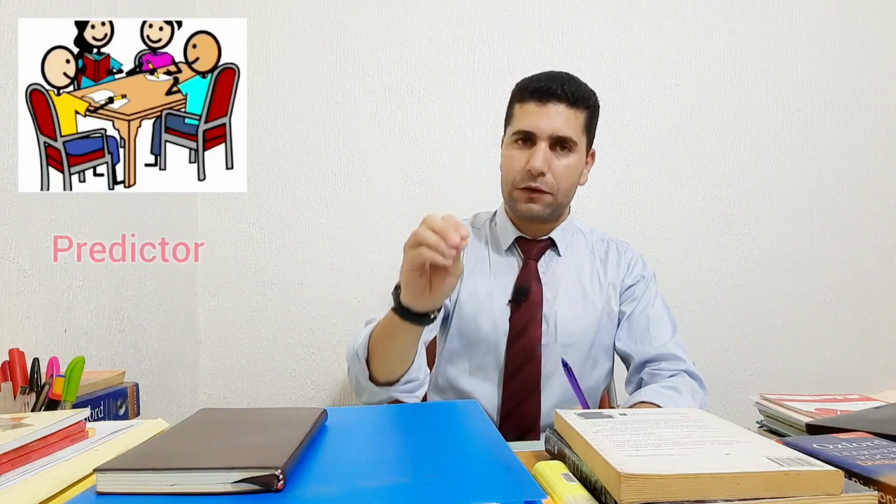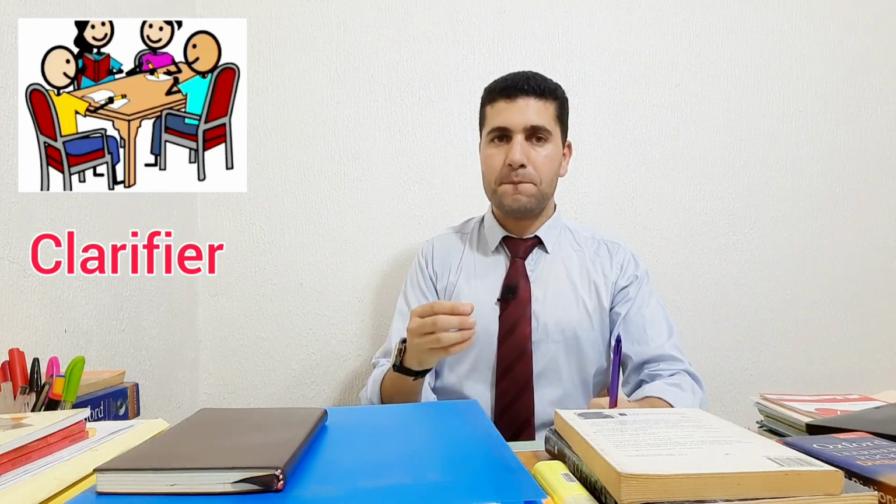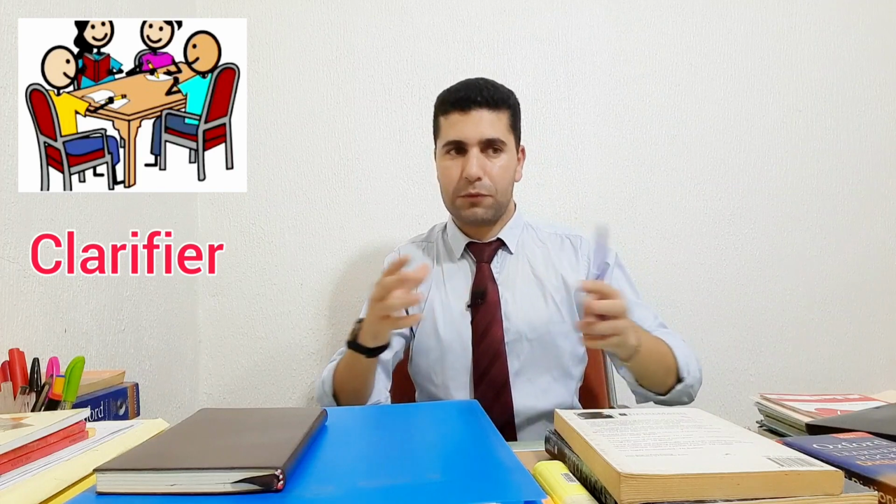Here what you are going to do is very simple. The predictor is going to predict and lead the prediction phase, and then the clarifier is going to clarify. Here we talk about clarifying some words and expressions that are not clear for students.